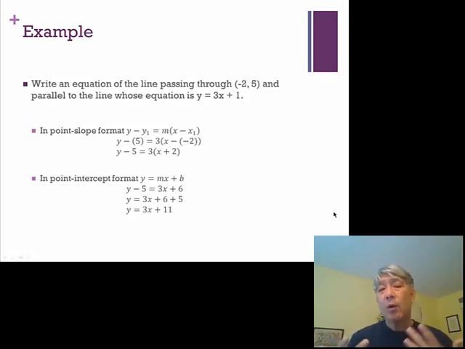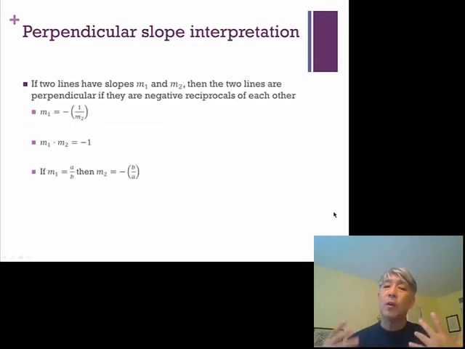Okay, so that's how I can use the parallel interpretation. Parallel lines have the same slope. Anytime we have parallel, we can also talk about perpendicular. If two lines have slopes m1 and m2, then the two lines are perpendicular if they are negative reciprocals of each other.